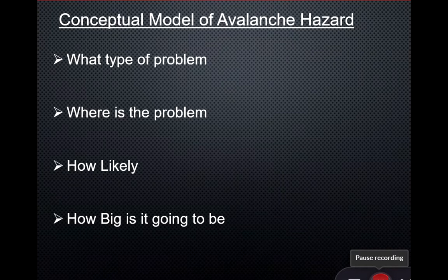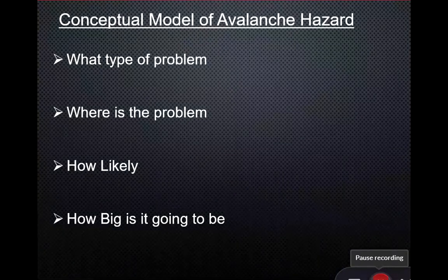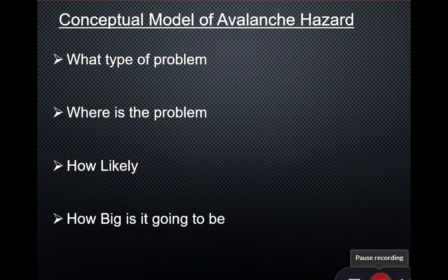This is what the snowpack looks like. How likely is it that there's going to be an avalanche? And then it's also important to note how big that avalanche is going to be, because that really affects the hazard to us as people. Sometimes they're very big, and there's a range in how big it's going to be.